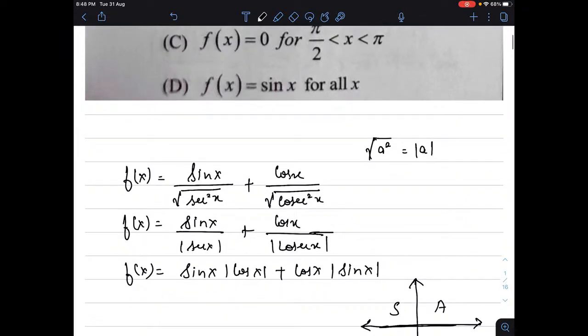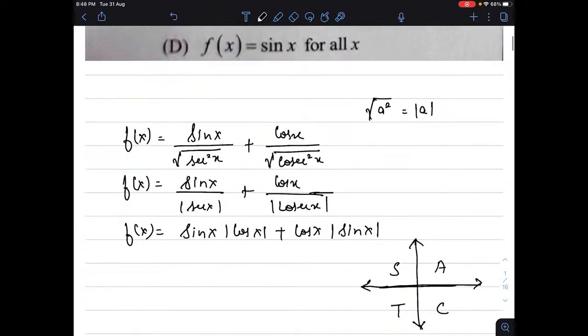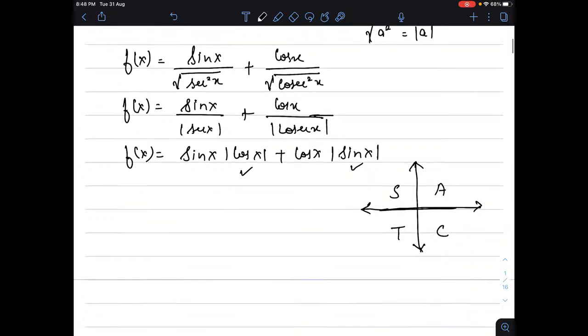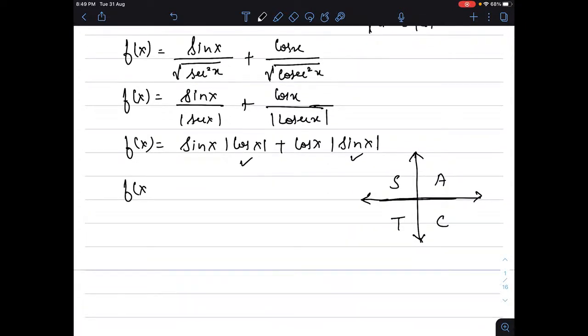Now if in the first quadrant we are going to talk about, the mod will be opening with positive sign. This mod also will be opening with positive sign. So f(x) in the first quadrant, that is 0 less than x less than pi by 2. Now you would have to talk about the domain of the function also. Guys, sec x cannot be equal to 0 because 1 upon 0 is not defined, and it is always true.